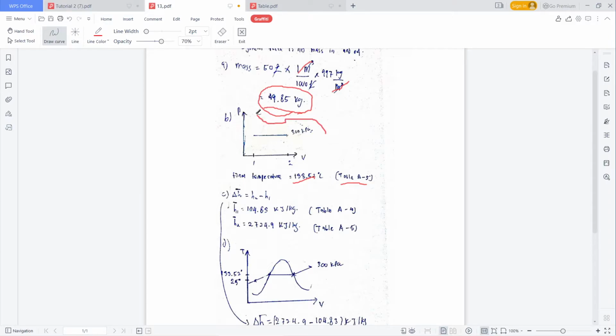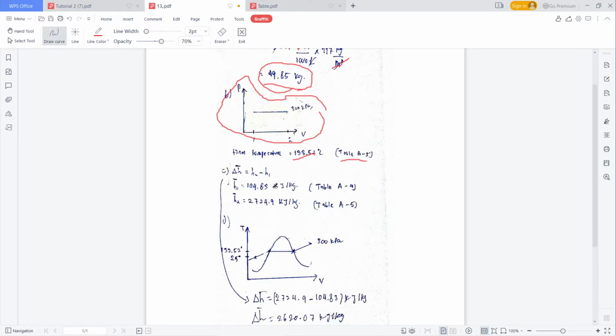The volume will be different because logically when you heat up the water, the volume will increase. So the volume at the final condition, or condition 2, will be bigger than condition 1. The difference in enthalpy is equal to H2 minus H1.